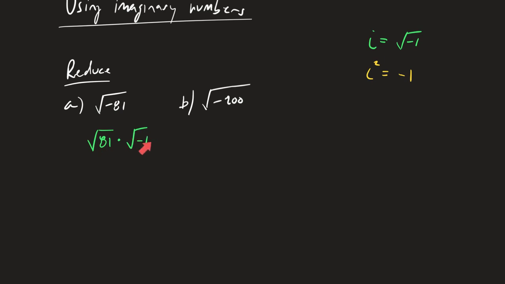If you take the -1 out of there, all of a sudden it becomes something we know how to do. The square root of 81 is 9, and the square root of -1 is i. So this is 9 times i, which is just 9i. So the square root of -81 is equal to 9i.